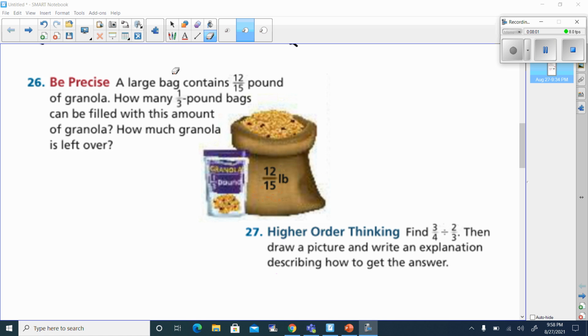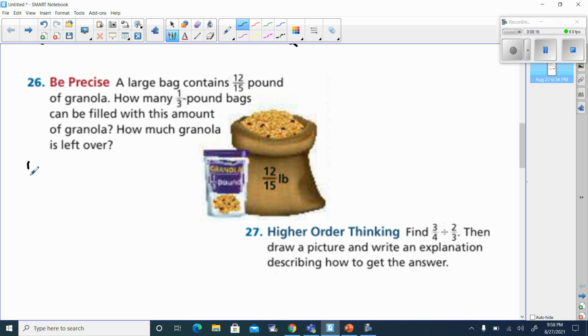So a large bag contains 12 over 15 pounds of granola. How many 1/3 pound bags can be filled with this amount? How much granola is left over?